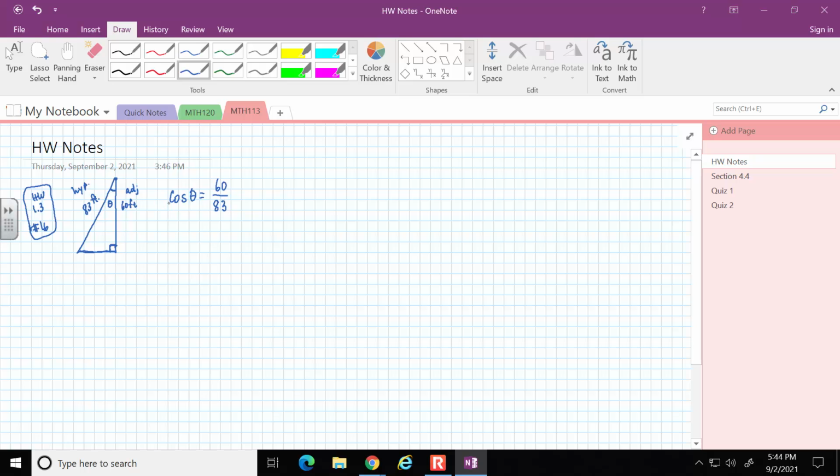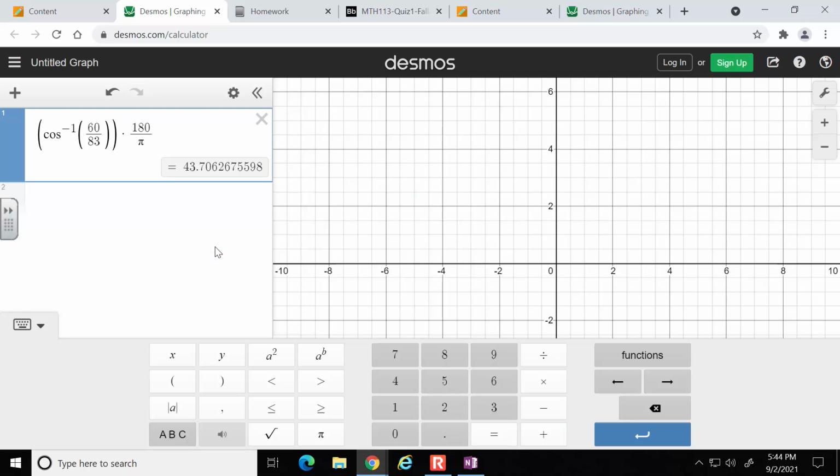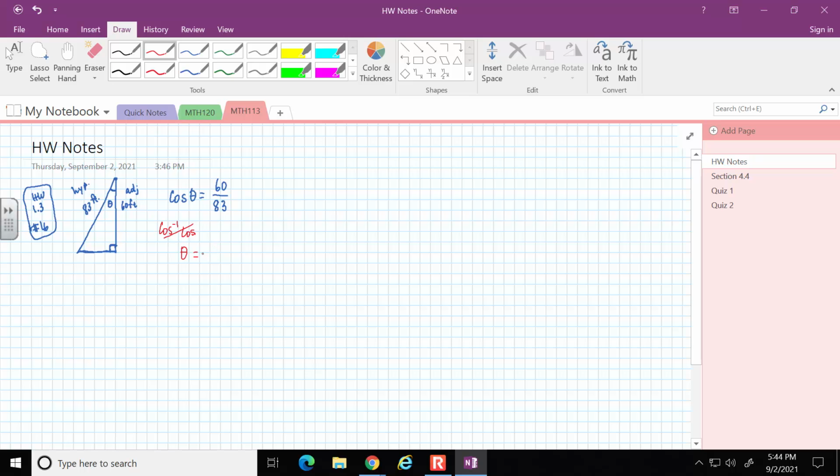So what I'm really doing is taking the inverse cosine of both sides, meaning that that's just going to be theta equals the inverse cosine of that, which I got is 43.71 degrees.